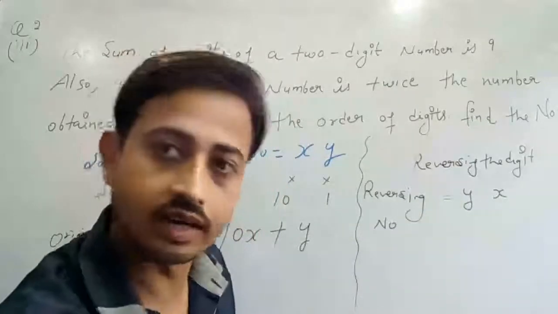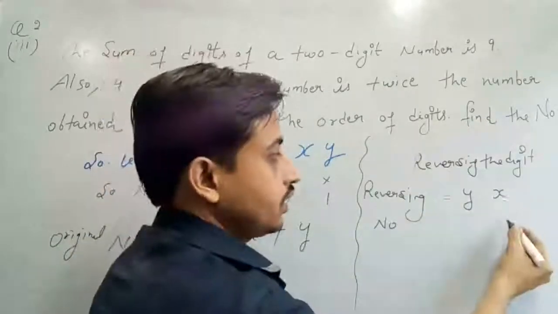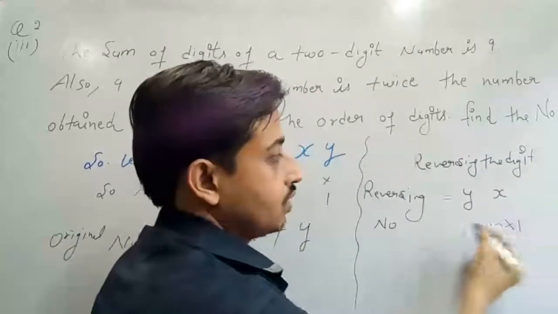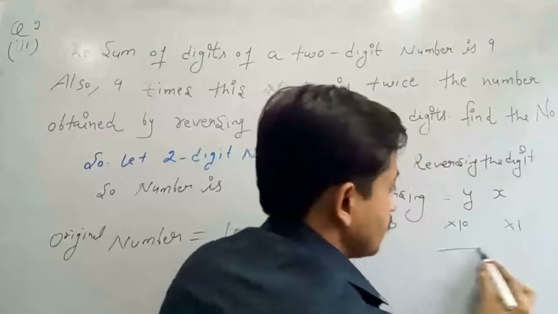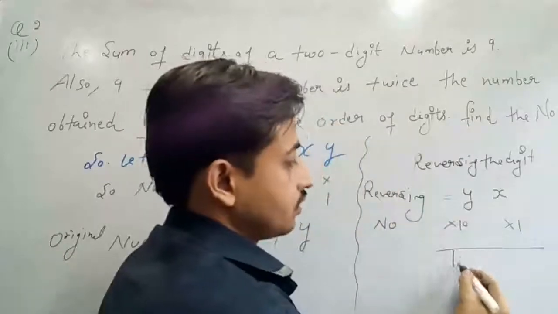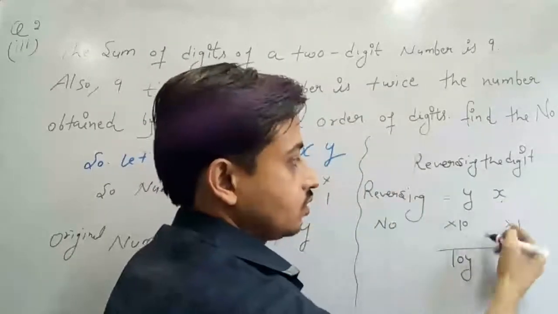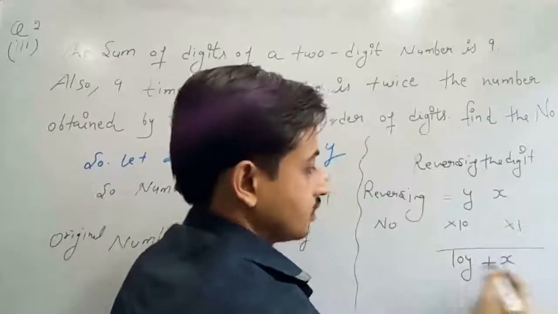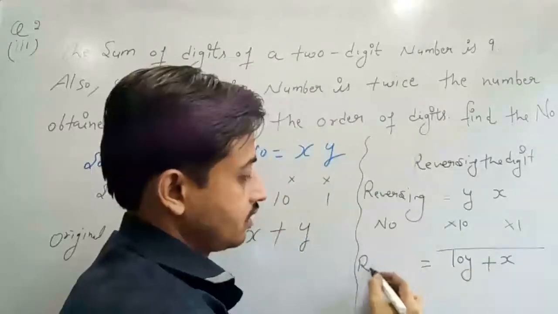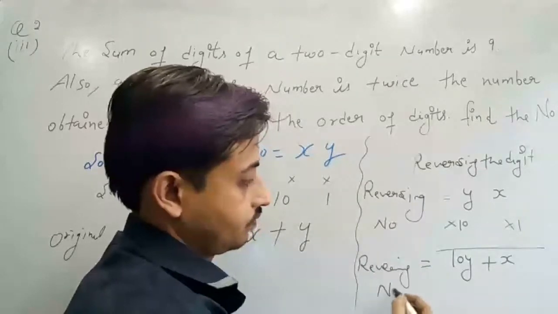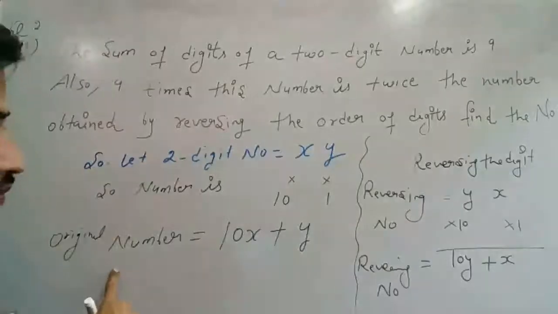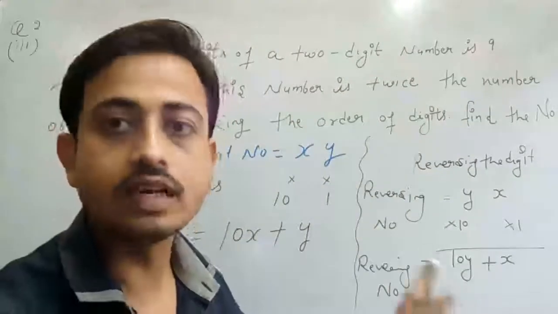How can we write it? Again the step is the same. This is the unit digit and it is multiplied with 1, and this is multiplied with 10. So the number is 10 into y, 10y, and x into 1, x. So this is the reversed number. This is your original number and this is your reversed number.